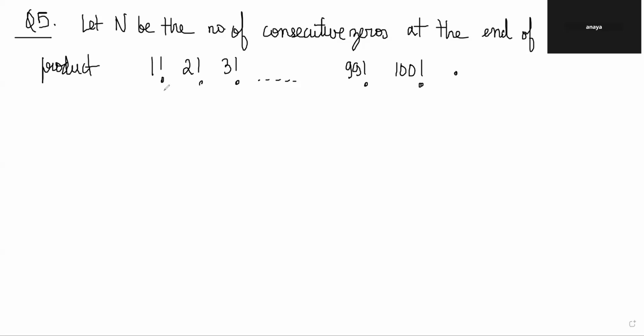This number, n, is the number of zeros at the end of the product.